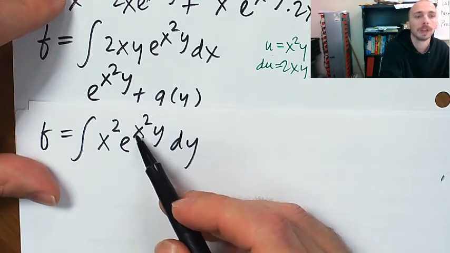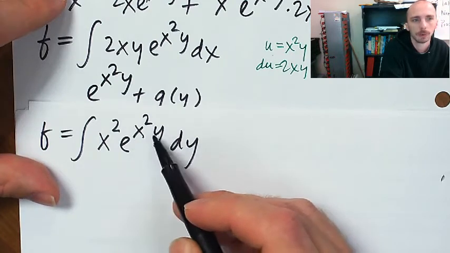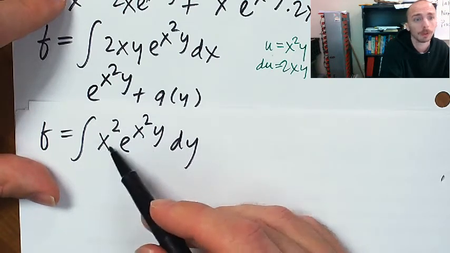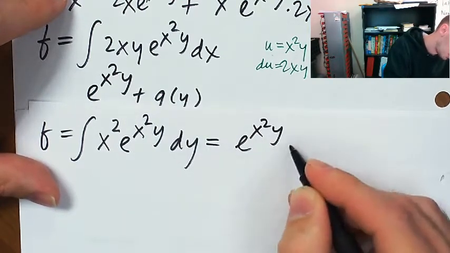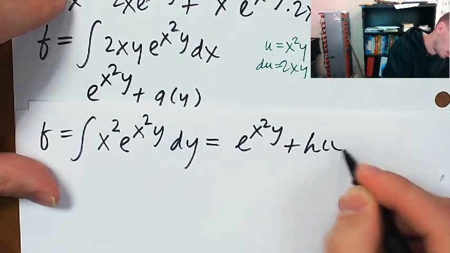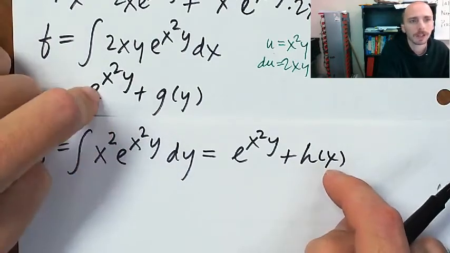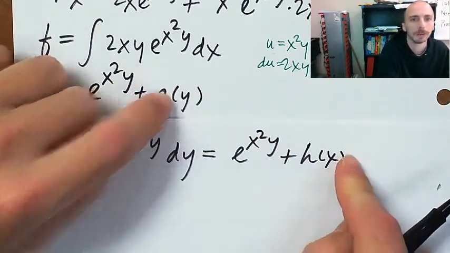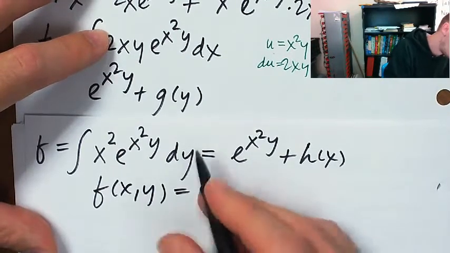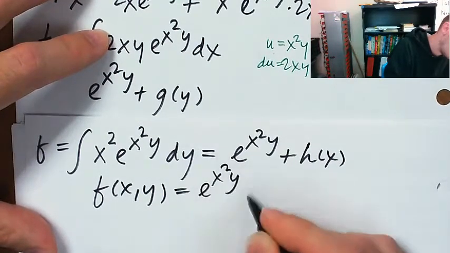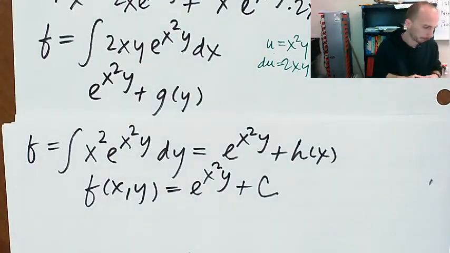Since x squared's a constant, if it was e to the 2y, I'd have half e to the 2y, so I'm going to divide by x squared, and I'll just have e to the x squared y, plus some other function that may only depend on x. But if it existed, I'd see it over here. And this g of y, if it existed, I'd see it over here. So I know that my potential function is f of x and y equals e to the x squared y plus maybe some constant c. Okay, and that will be the potential function.